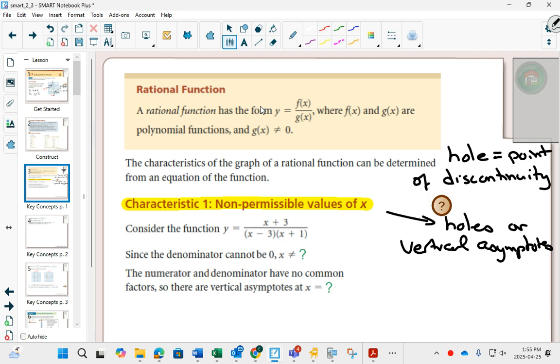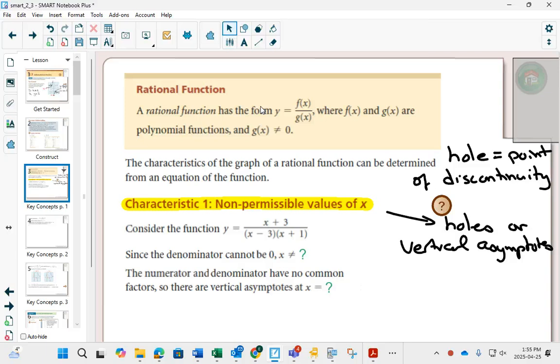The 2 options for non-permissible values is they're either going to be holes or they're going to be vertical asymptotes. This apparently says vertical, and this apparently says asymptotes. If you look at it long enough, you might argue that it says nothing, but it's supposed to say holes or vertical asymptotes.